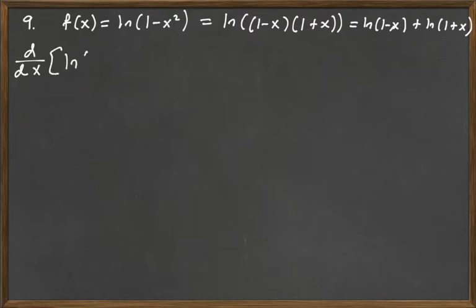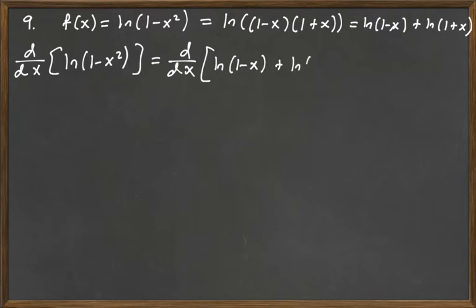Alright, so we're going to take the derivative of the natural log of 1 minus x squared, which is going to be the derivative of the natural log of 1 minus x plus the natural log of 1 plus x. Those would be negative 1 over 1 minus x plus 1 over 1 plus x. And then we need to write them as a over 1 minus r, so we can use the geometric series formula.